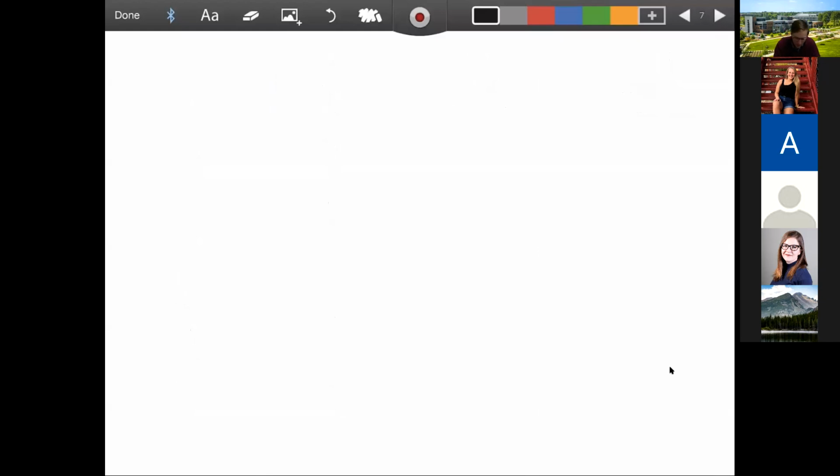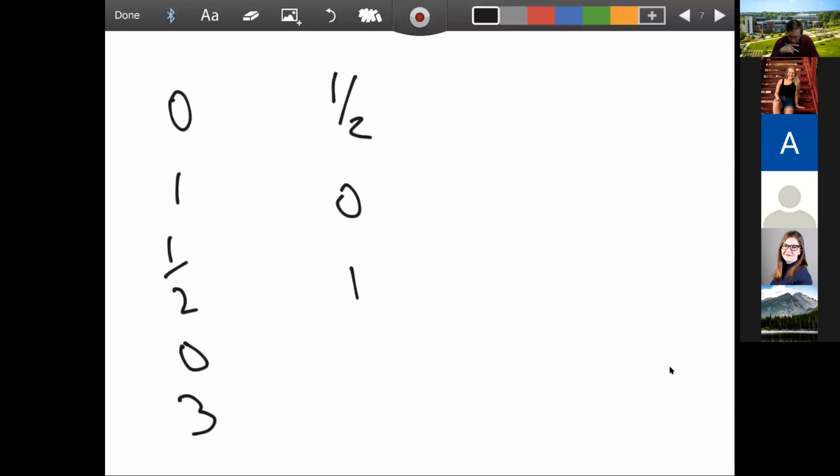And so when you've got 0, 1, 1/2, 0, 3, 1/2, 0, and 1, when you take each of these and average them together, so 1, 1.5, 4.5, 5, 6, the sum equals 6.